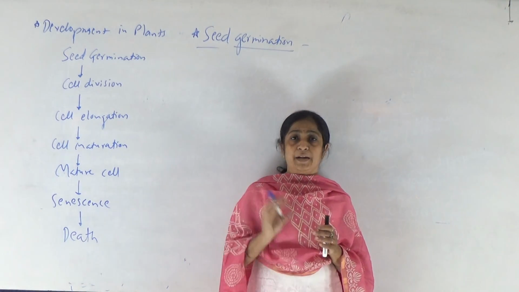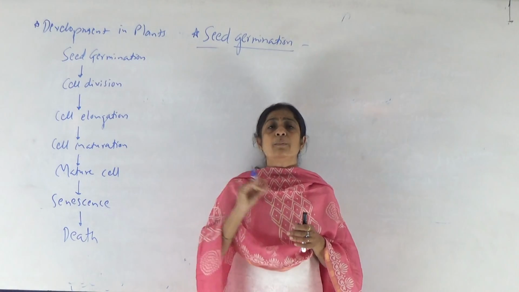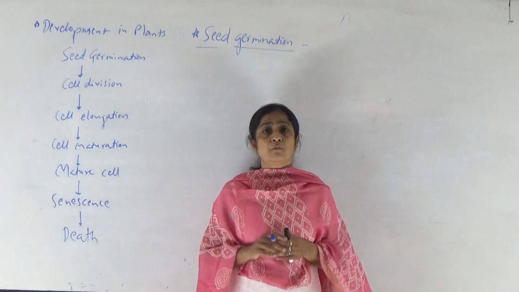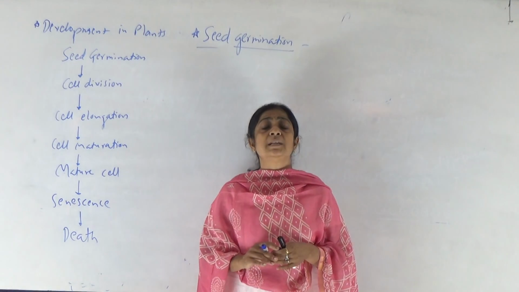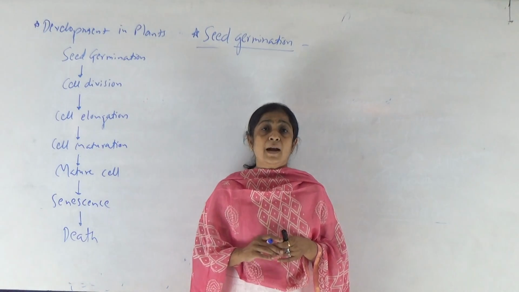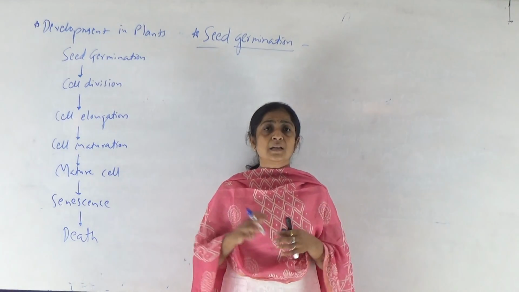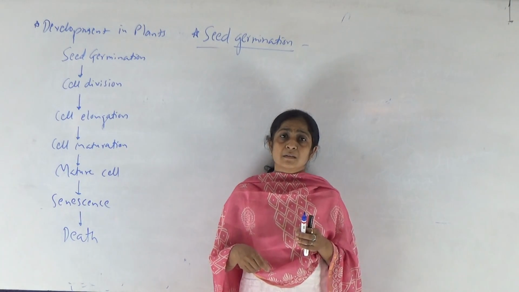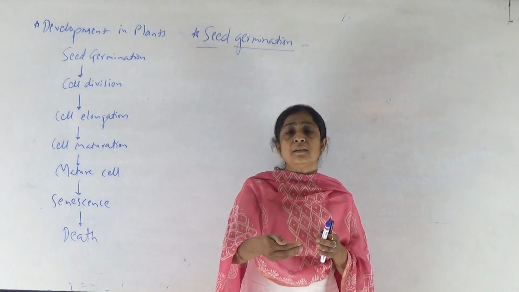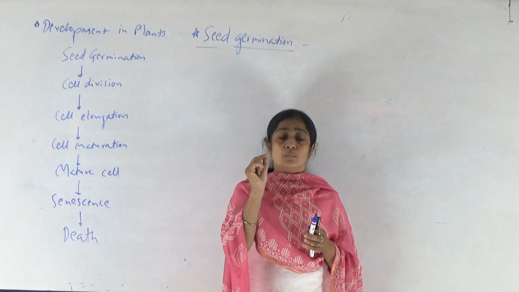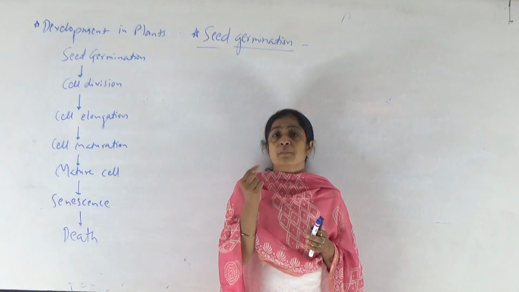What happens in seed germination? When we sow the seed into the soil, seed absorb water from the soil. Then embryo cells present inside the seed get activated due to entry of water and gases in the seed. And then cells start division, as a result of which the embryo axis protrudes outside the seed in the form of a white colored rod shaped structure, which is nothing but radicle.